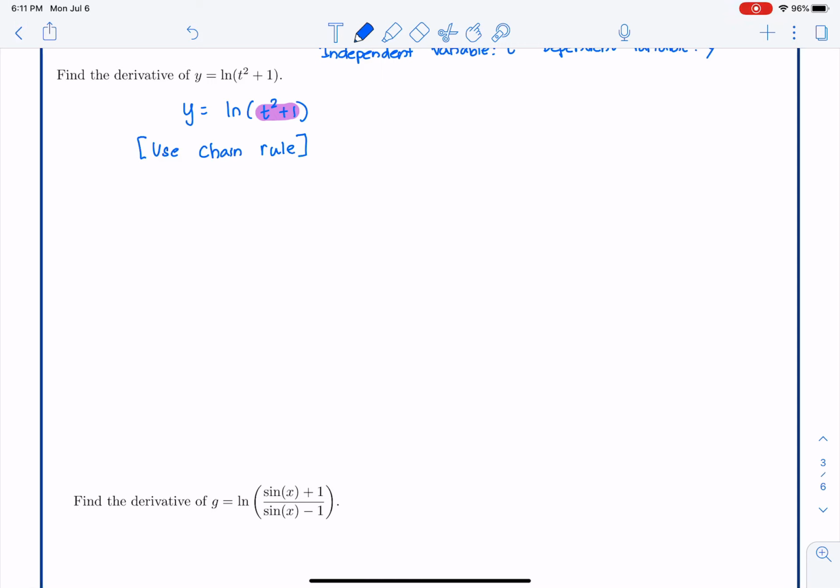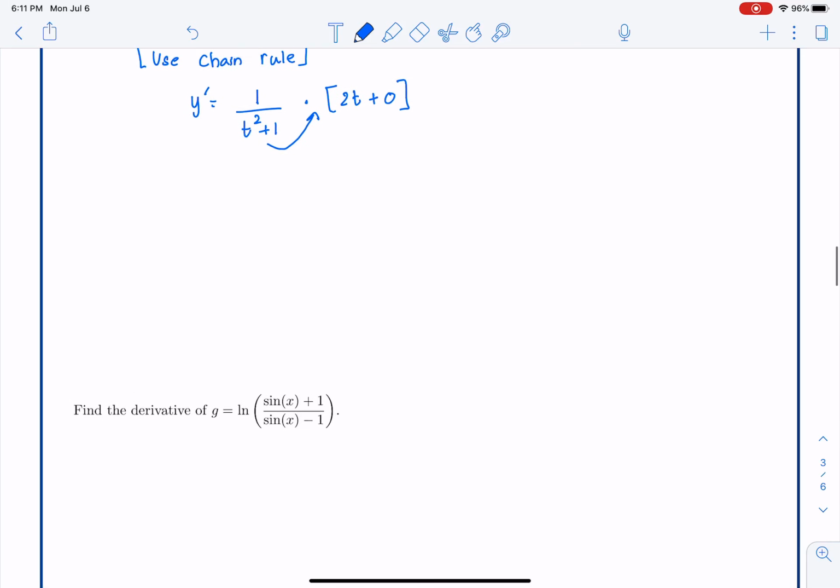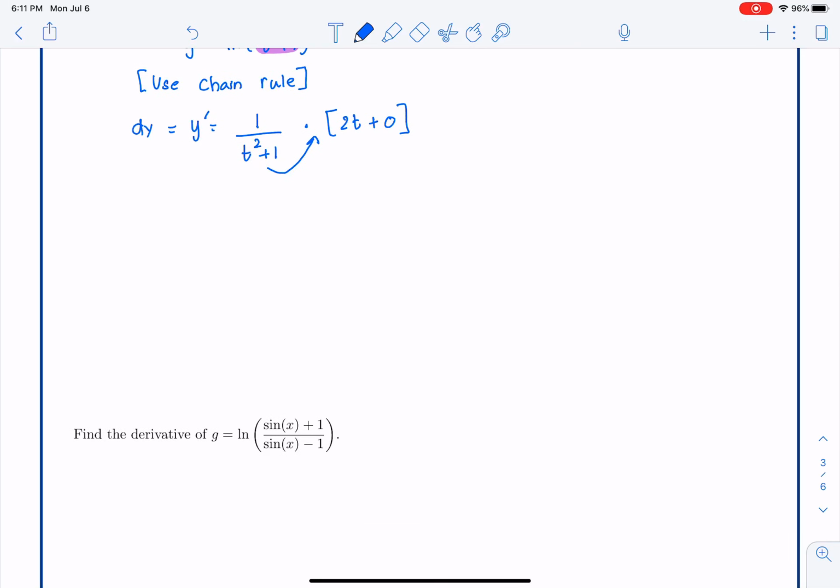If I treat that t squared plus 1 as t, then the derivative of ln of t is simply 1 over whatever we have. So that would be t squared plus 1. But then we realize that it is not t, rather it is t squared plus 1. So we multiply by its derivative. The derivative of t squared is 2t, and the derivative of 1 is 0. So here it is dy over dt. So we would get 2t divided by t squared plus 1.